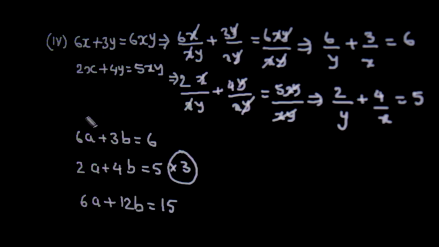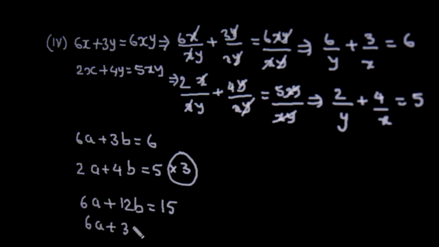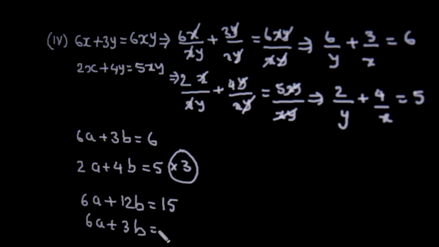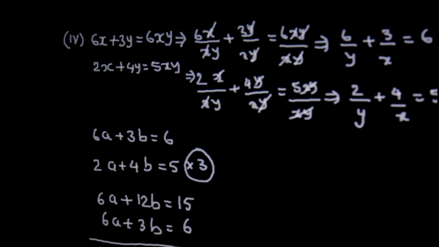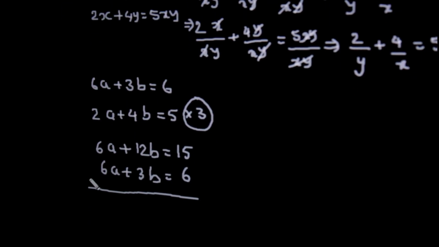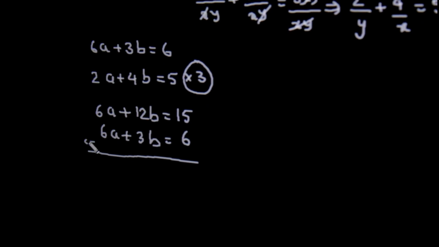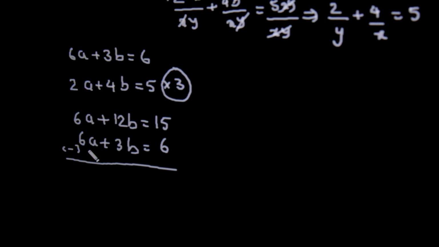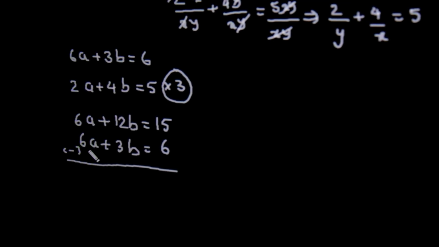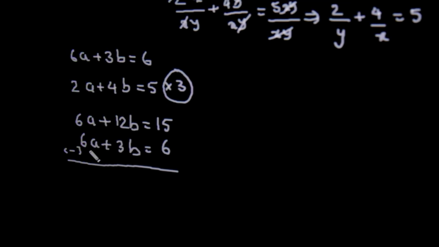Write the first equation under this one: 6a plus 3b is equal to 6. Solve these two. All are positive. Therefore, you have to subtract the second one from the first one. Subtraction is nothing but you have to change the sign of each term in the second equation.